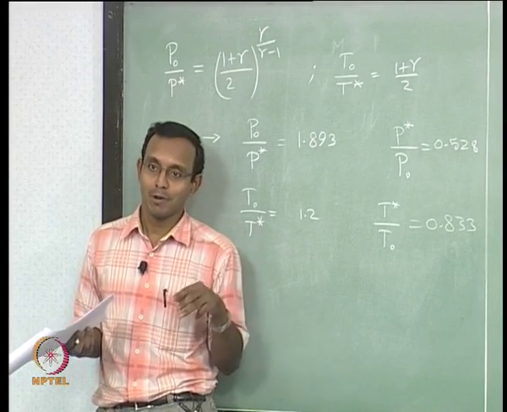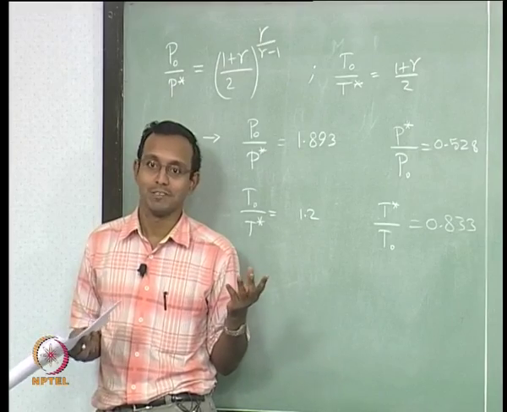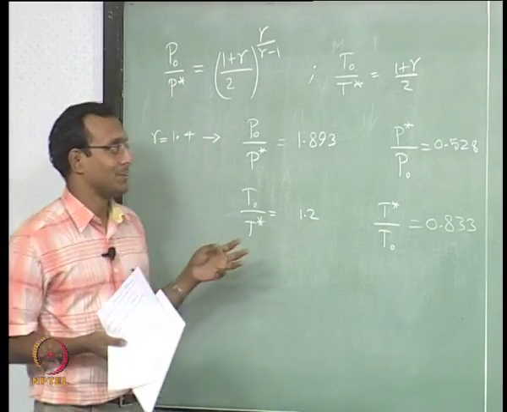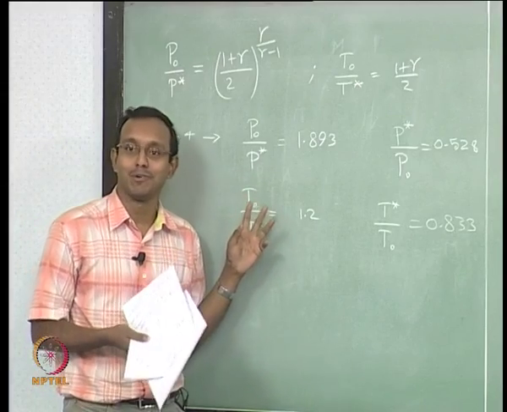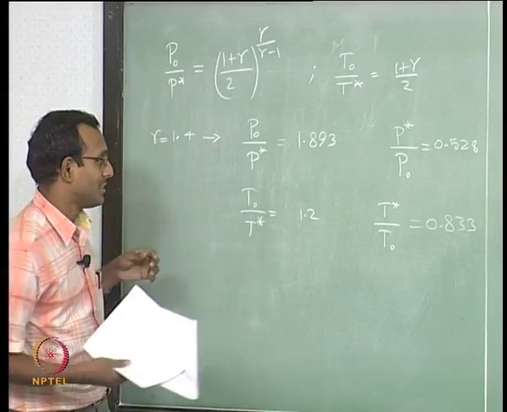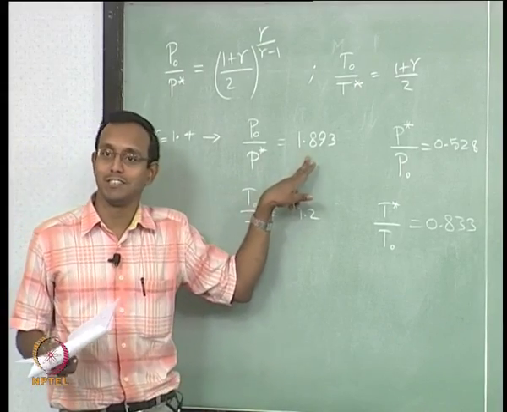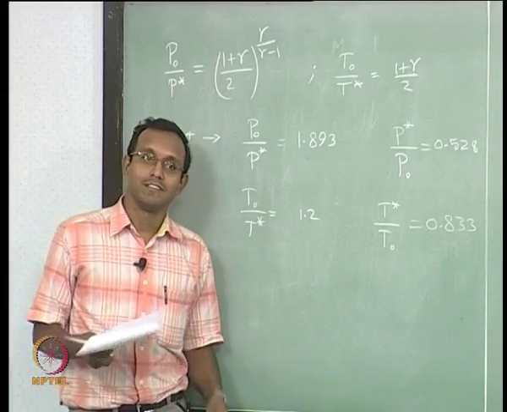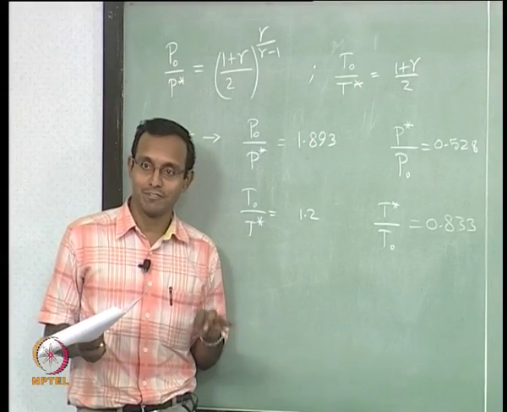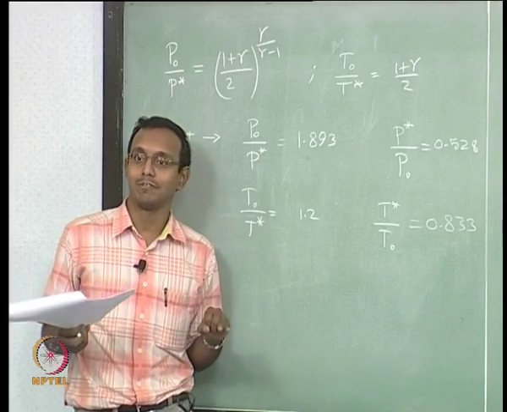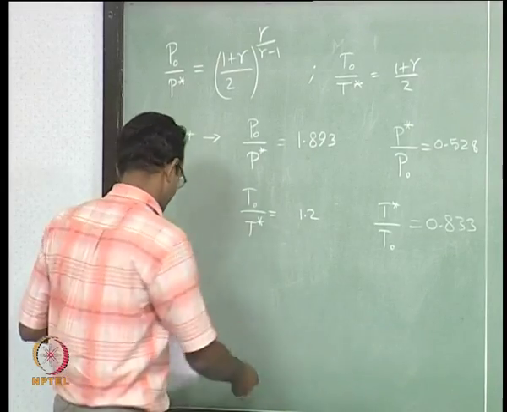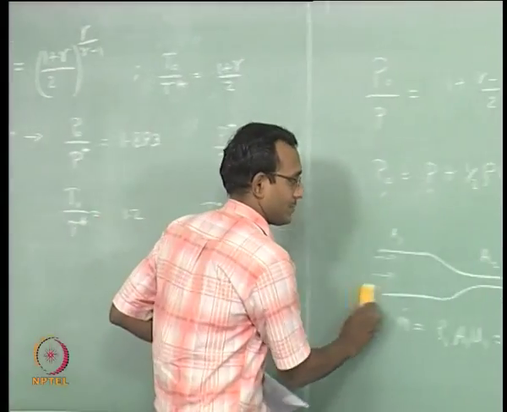So, for your problem you have to pick the correct page, otherwise you will make a lot of mistakes. Of course, you can always remember all the formulae and use them, but the calculation of numbers is more difficult. Instead just go look up numbers like this and use them directly, it is easier. So, you have to look for the correct gamma value, isentropic tables. As of now, you can use only that table right now.